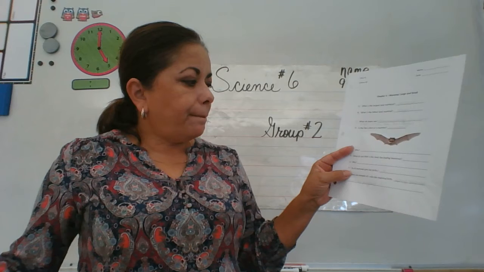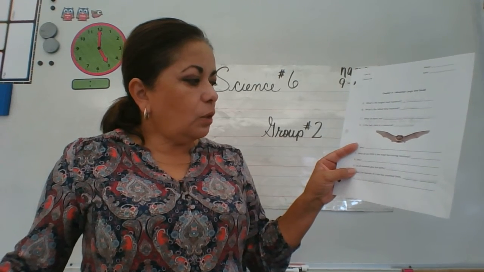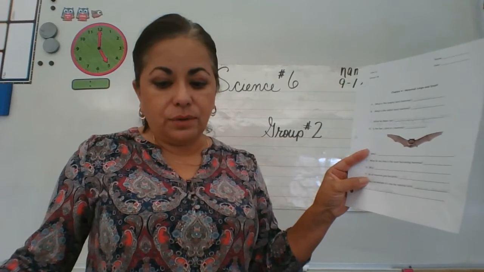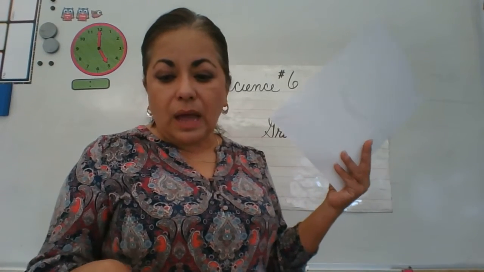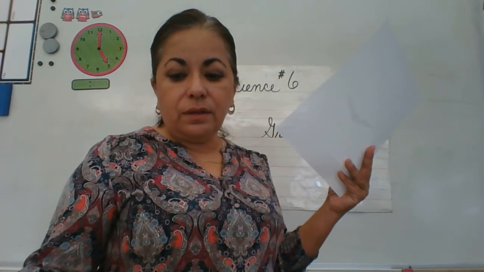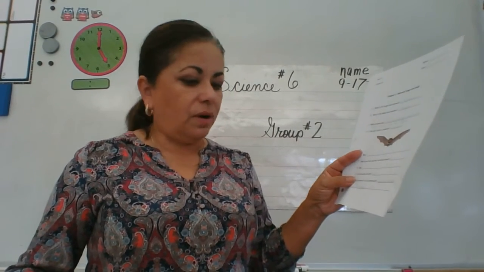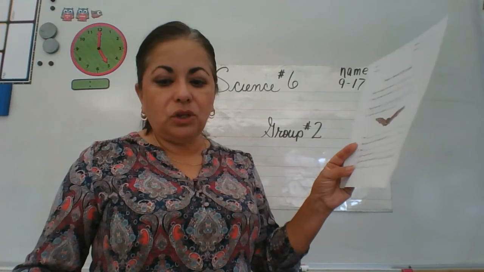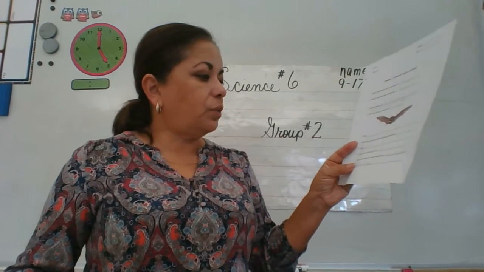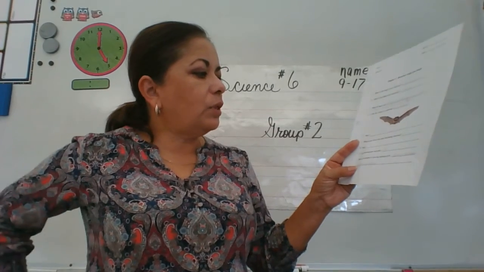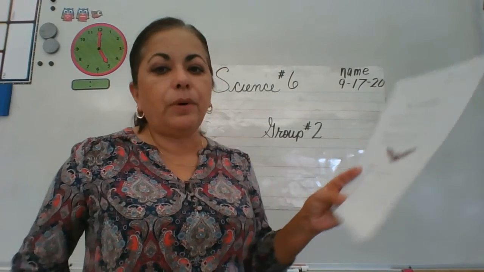And then H, do all mammals give live births? All right. That was answered in the very last page, page 17, if you didn't catch it. After it finished talking about the bats, that's where you'll find it. And I, what is an example of a non-live mammal birth?